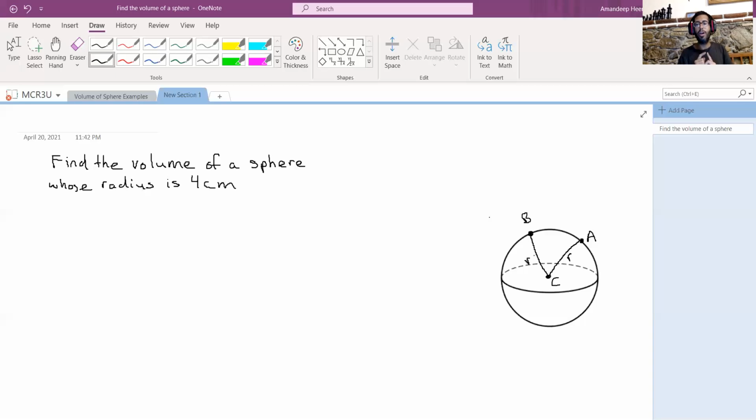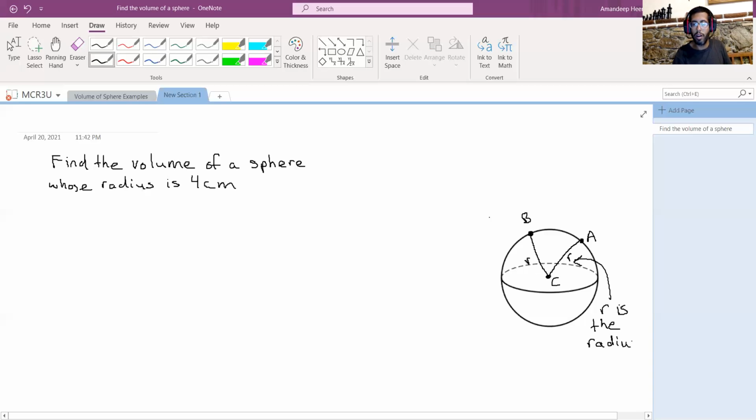And that quantity called R is called the radius. So the radius is the distance from the center of the sphere to a point on the surface of the sphere. That's what R is. So R here is the radius. I hope this explains it well.